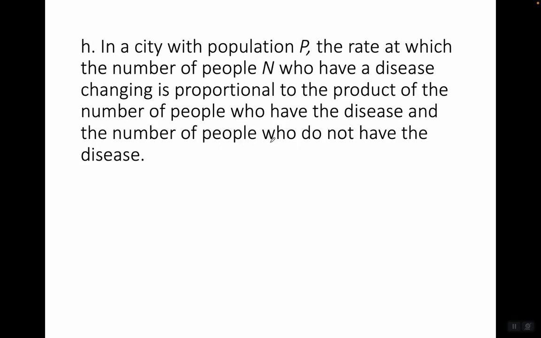In a city with population p, the rate at which the number of people n who have a disease is changing is proportional to the product of the number of people who have the disease and the number of people who do not have the disease. Oh man, this is a mouthful. So here's the way we'd represent this.